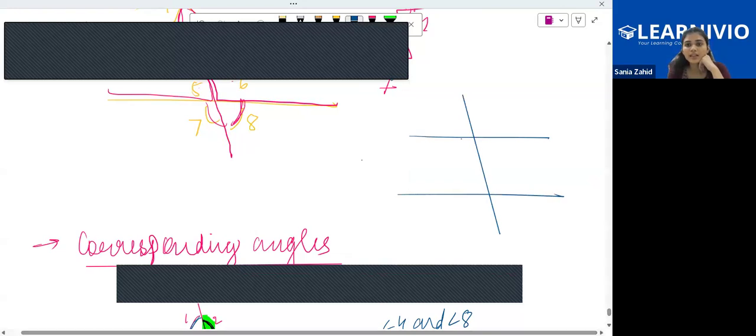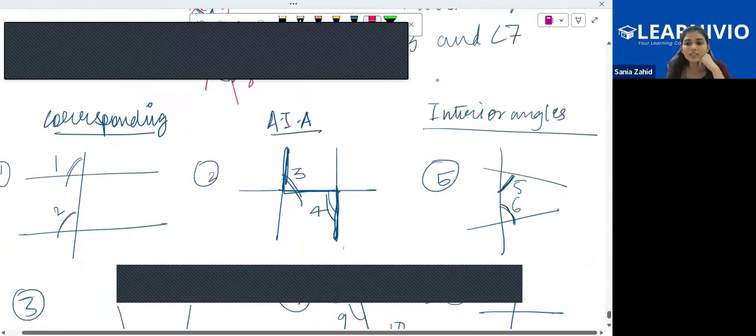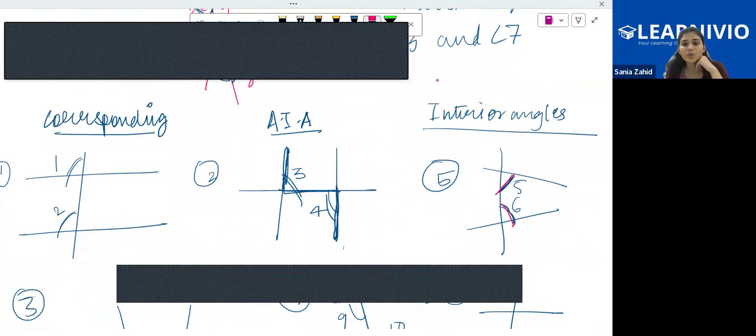All the angles that lie over here, these 4 angles, are termed interior angles. All the angles that lie on the outside are termed exterior angles. Now you can clearly see that angle 5 and angle 6 are not vertically opposite, not alternate interior, not exterior, and not corresponding. That means they are interior angles.